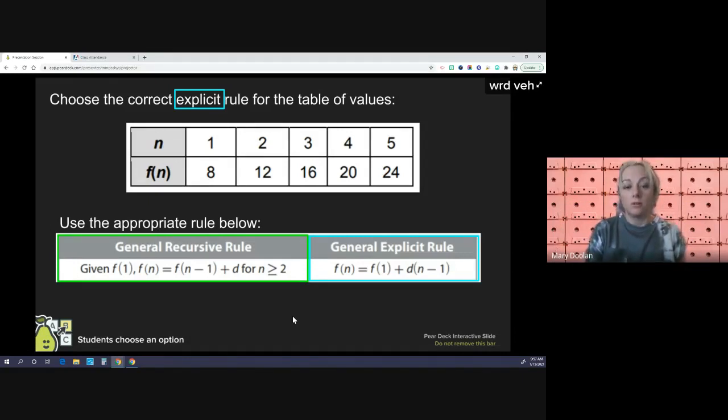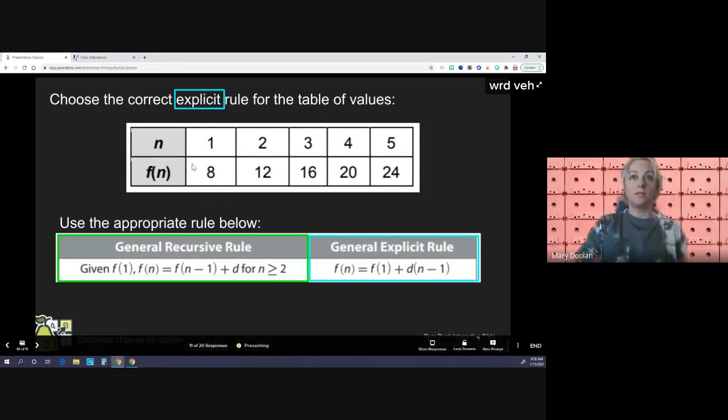Remember, guys, all you need to know to write an explicit rule or a recursive rule is you need to know what is the function at 1, what is the first term in the sequence, and you need to know the common difference. Those two things. F at 1, little d. First term in the sequence, common difference.